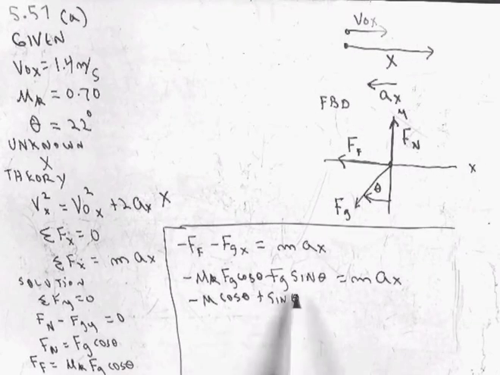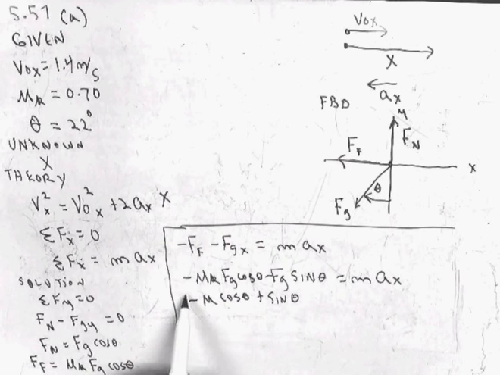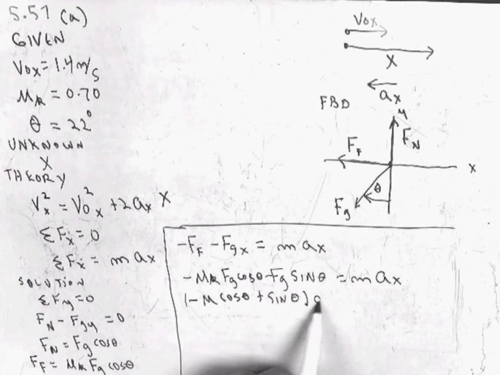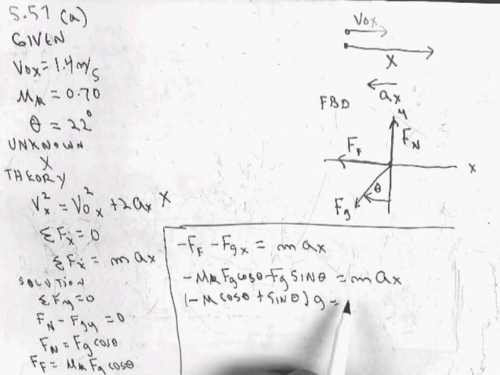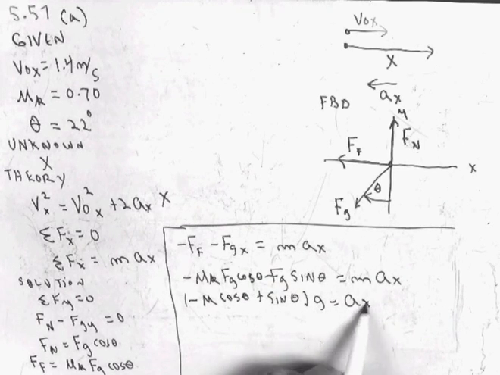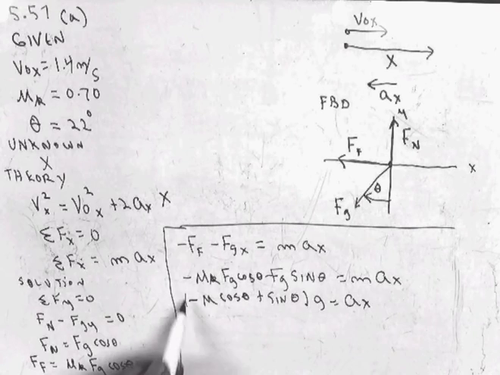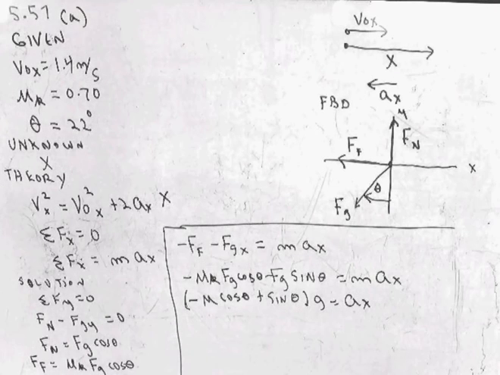Fg is mg, so if I divide out the m's, then I get g times that, equals a sub x. Okay, so there's the value of a sub x. I should put it on the left-hand side, but I'm not going to take the time to do that. This is the value of a sub x.